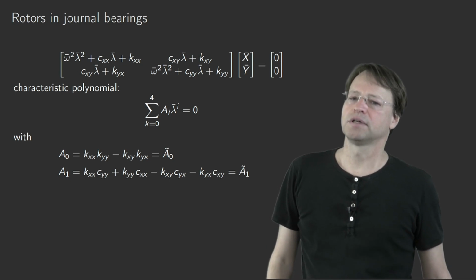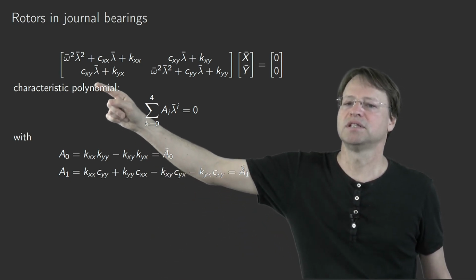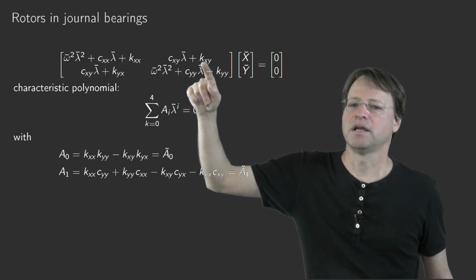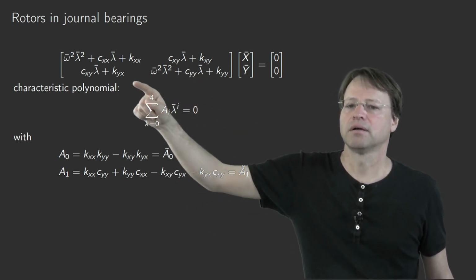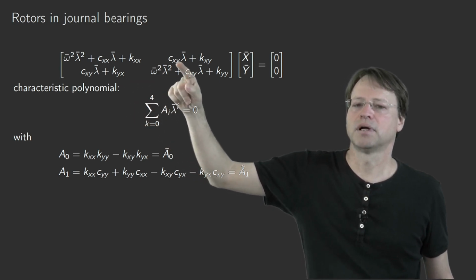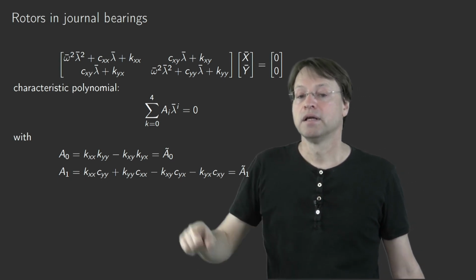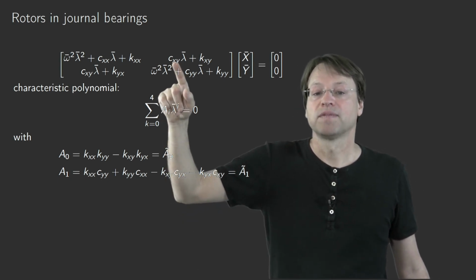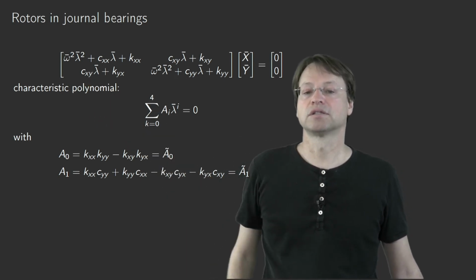And for the off-diagonal term, so negative sign there, you can multiply cxy by kxy, and then you can multiply kyx by cxy. Maybe you remark here that I noted cxy here instead of cyx.